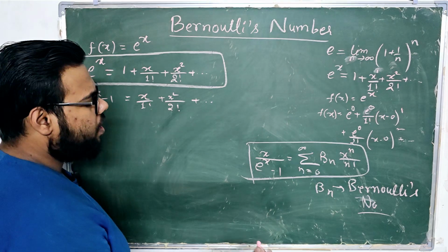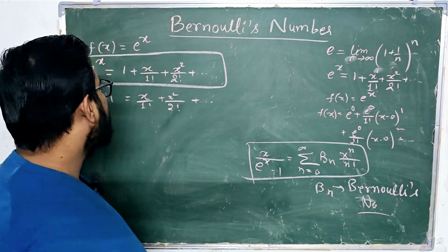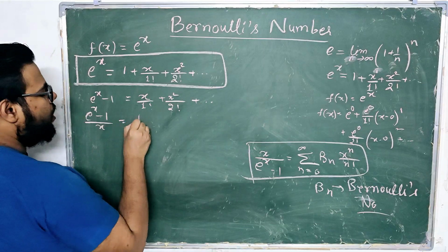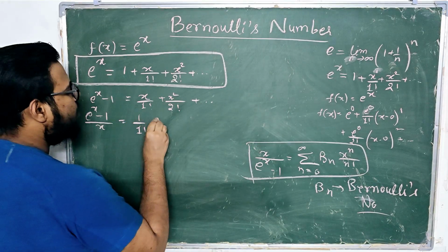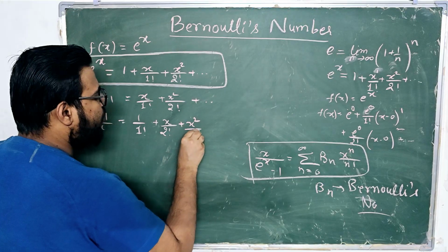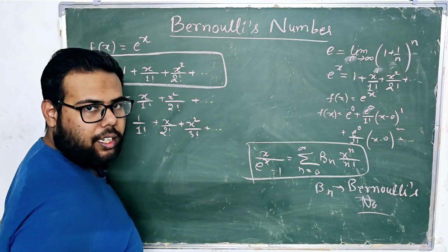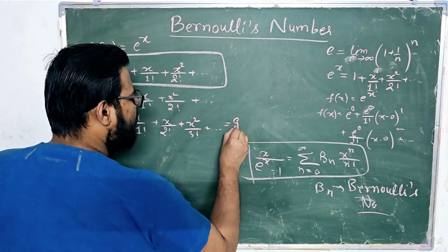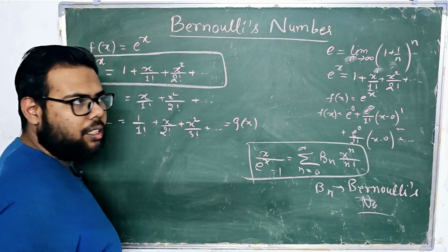Okay. Now let's divide both sides by x. What we'll get is e raised to the power x minus 1 divided by x is 1 by 1 factorial plus x by 2 factorial plus x square by 3 factorial and so on till infinity, correct? Okay. So let's name it as some g of x, okay?